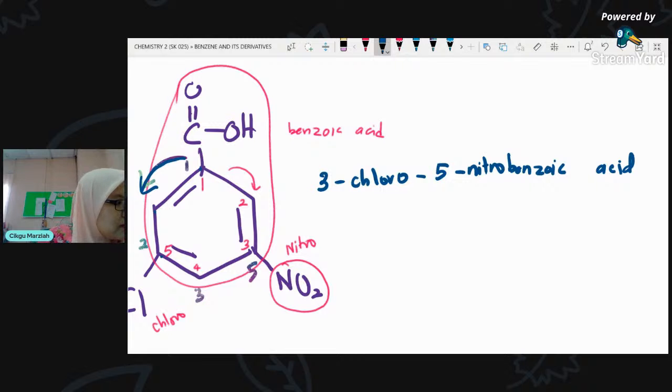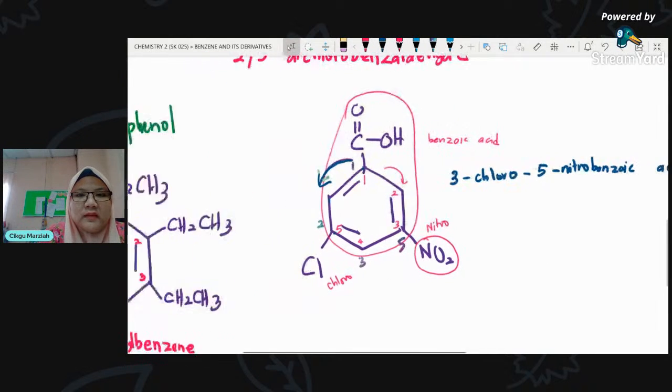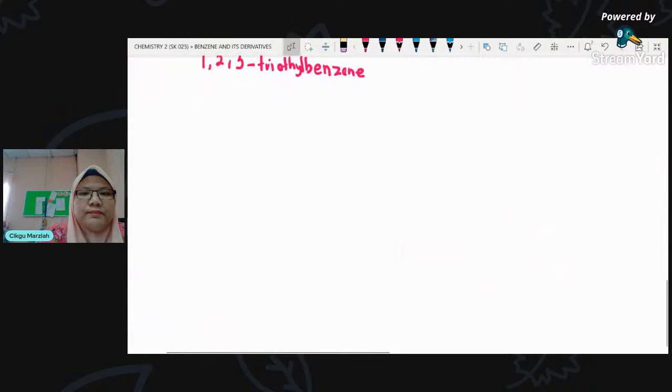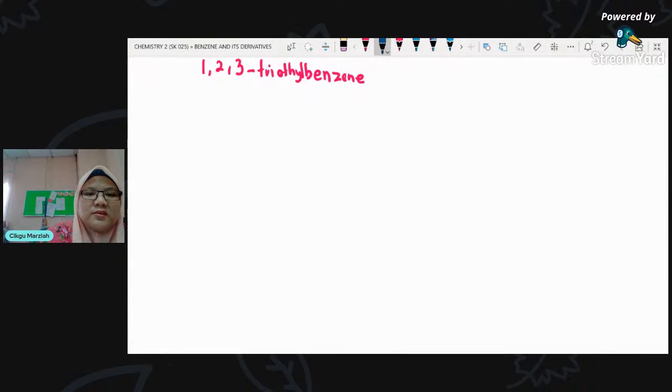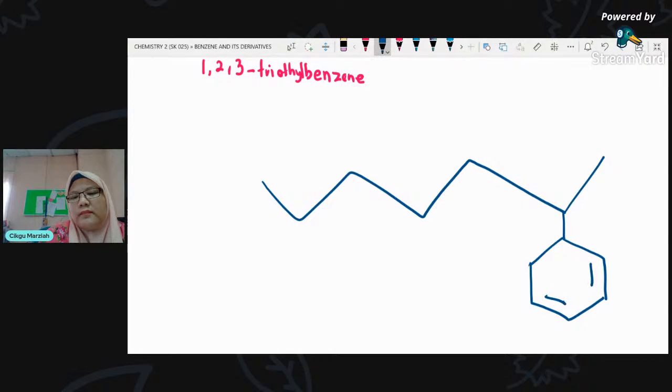So what if we have this situation? Mudah ke? Semudah kan? Okay, so this is the situation. 1, 2, 3, 4, 5, 6, 7. Okay, and we have this. So in this case, benzene contains 6 carbons.